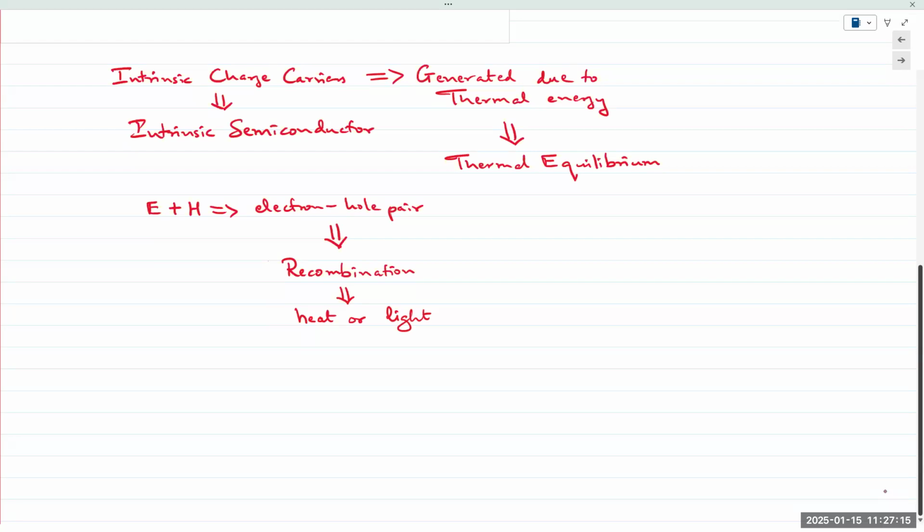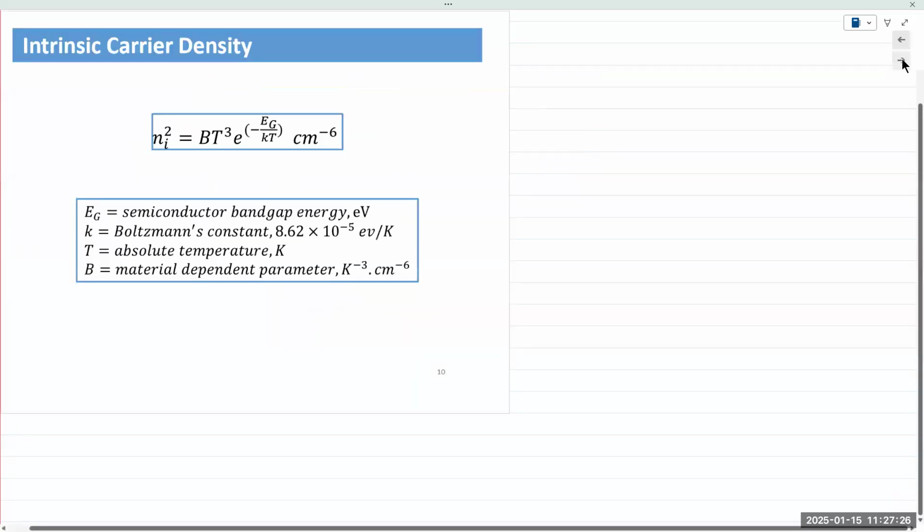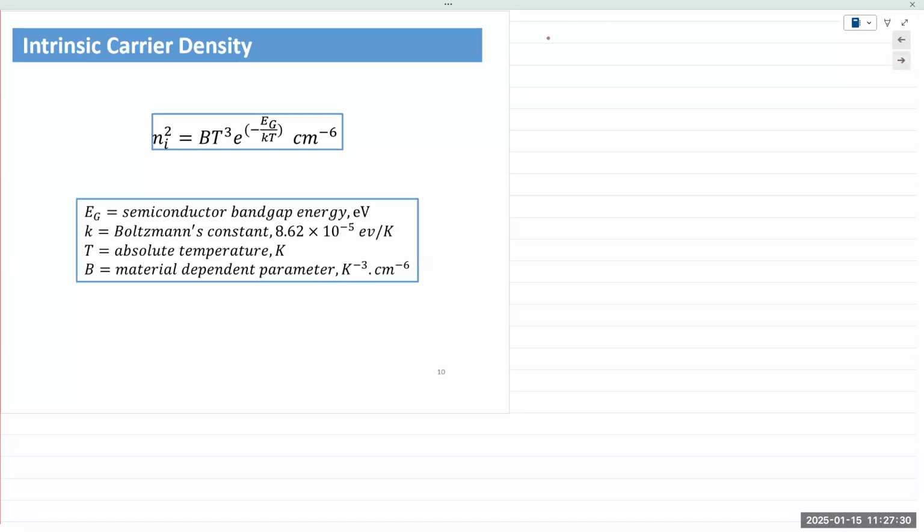All right, so how many charges or how many electrons are generated? Well, we have an equation for that. We represent the number of electrons with n, so this is the number of free electrons that are generated, and we represent the number of holes with the letter p.